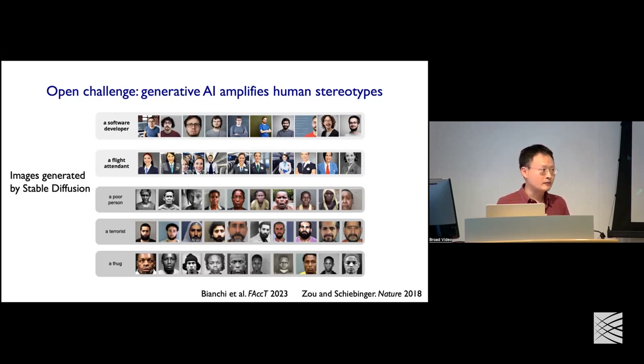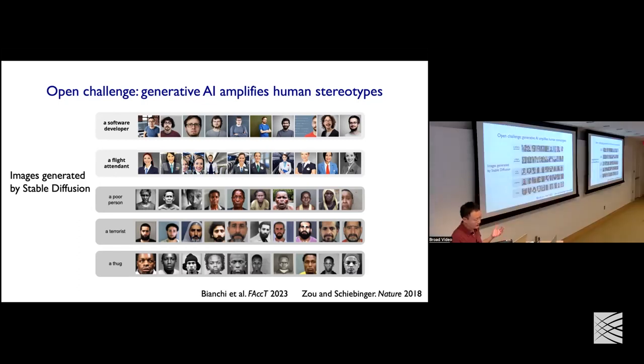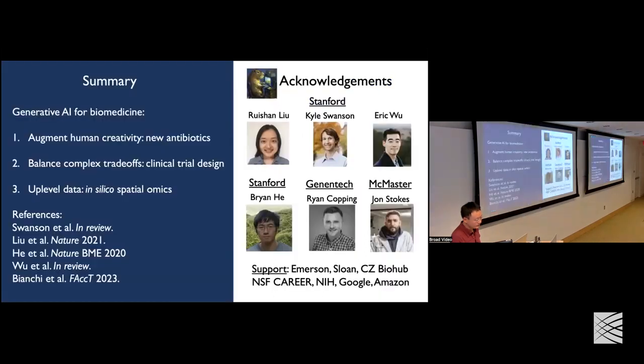That's one of the more fundamental challenges: the generative models are not just reflecting the biases in the training data, they're very effective, if we're not careful, at amplifying them. It takes this 20% and pushes it all the way to 0. That's one of the ongoing challenges that we and the community have to think about how to mitigate as we use these generative approaches in medicine and healthcare.